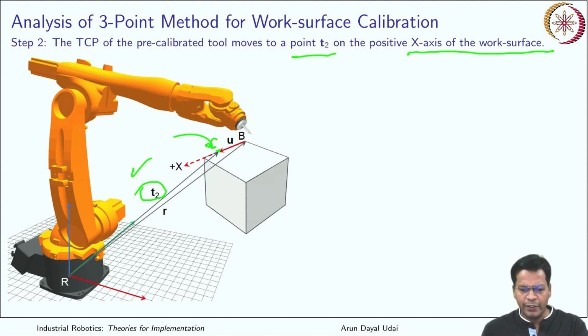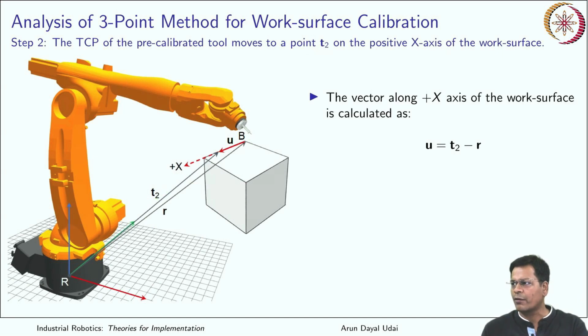You already had R in hand, that is, the origin on the work surface was known. So R is known, T2 is known, so you can calculate the U vector. What is U? U is a vector which is aligned along the positive x-axis. It can be calculated using the simple vector triangle of U, R and T2.